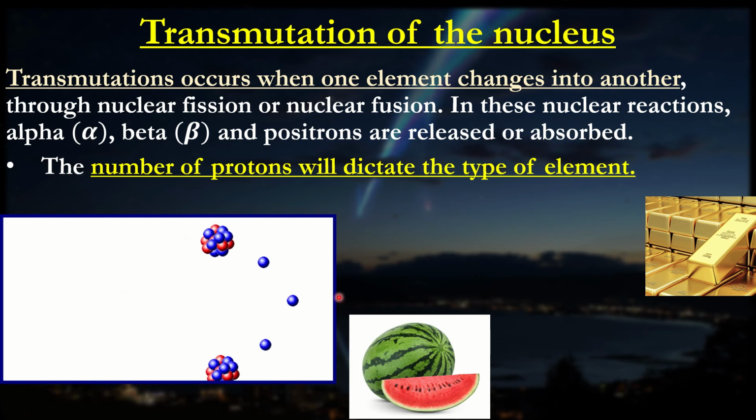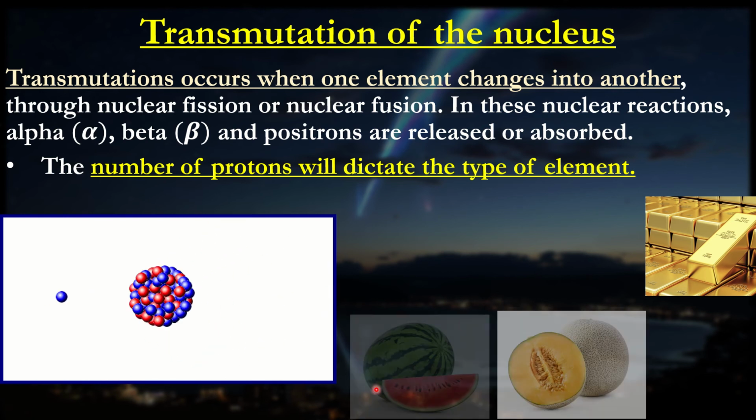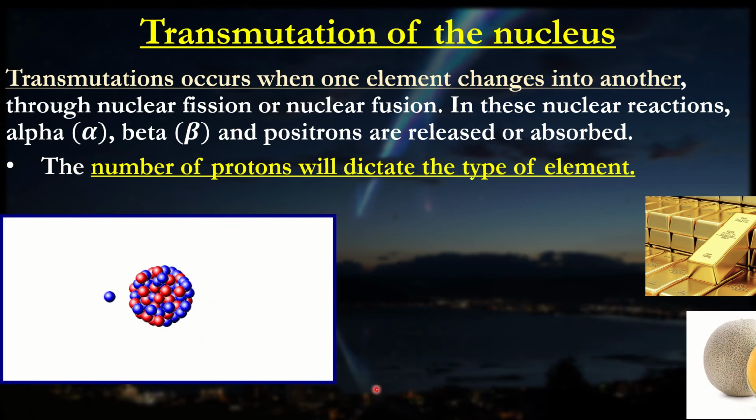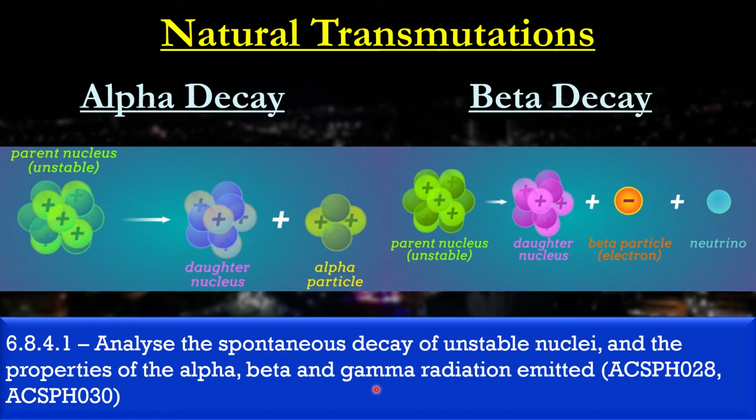He came up with an analogy with his junior class: imagine you had a watermelon and it went through alpha or beta decay, releasing these particles, it would change to a completely different type of fruit. Obviously the analogy isn't 100% accurate, but it gives you an idea of what we're talking about in transmutation.